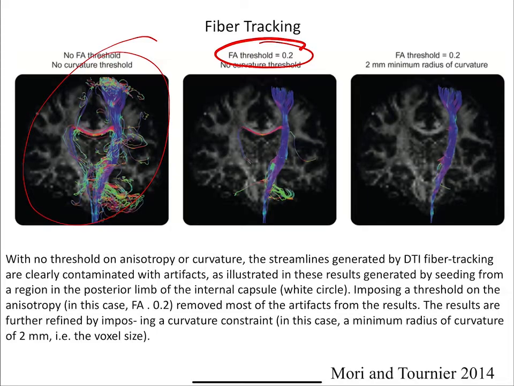Okay. Now they've added this threshold, and they've also added a minimum radius of curvature, meaning that you can't have paths that go like that. It's just trying to get rid of things that we don't think happen, but they may happen in some areas of the brain. But in general, these algorithms will put different criteria on it.